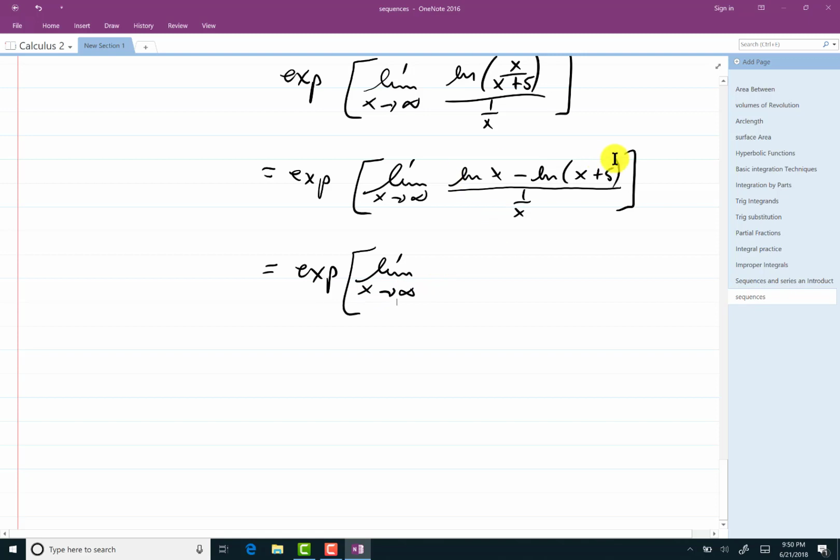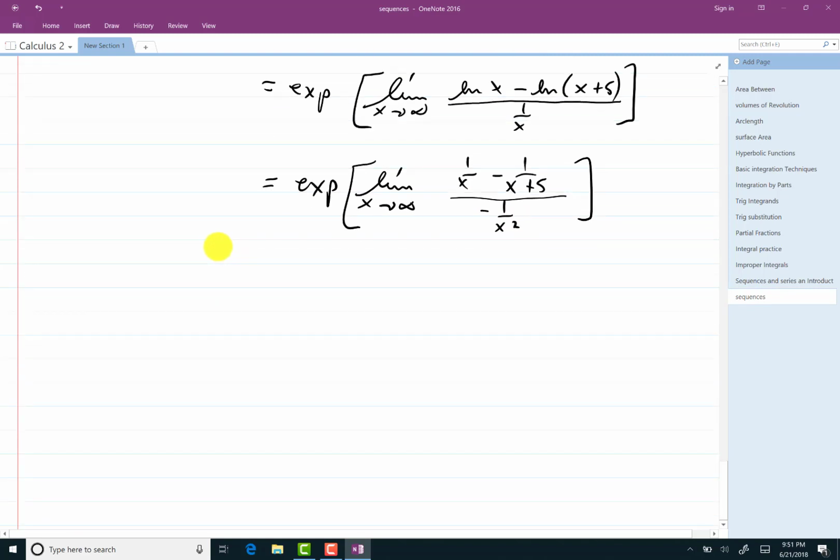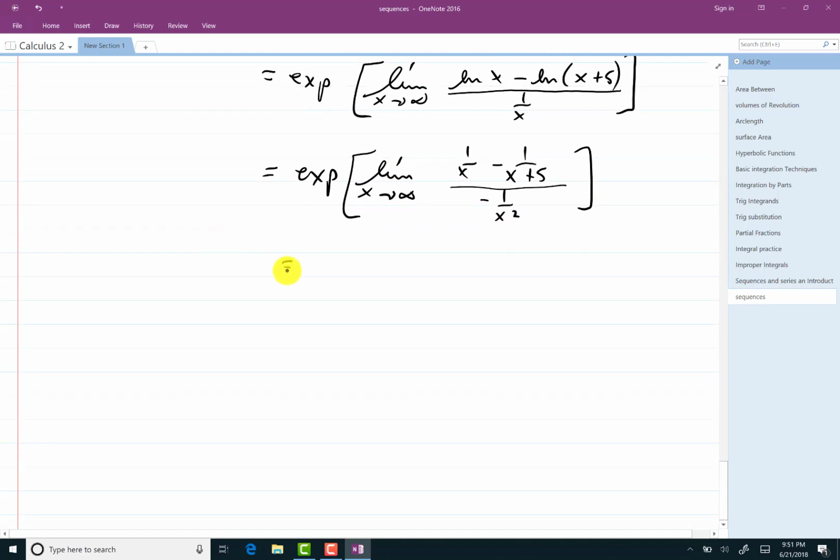So the derivative of the numerator, that's easy enough. 1 over x minus 1 over x plus 5. The denominator will be -1 over x squared. Let's see how bad this gets. What I think I'm going to do is make this one fraction. And it's not hard to do that one.